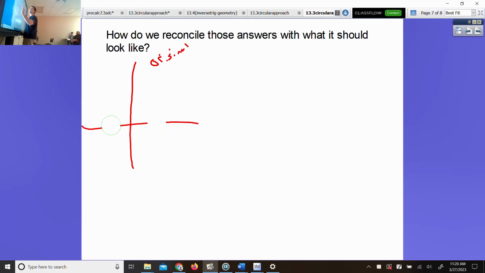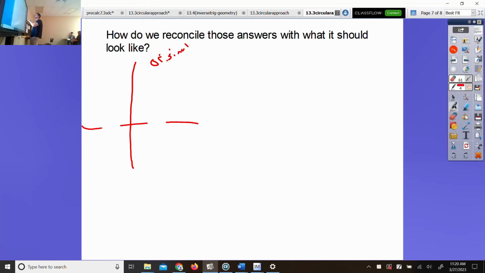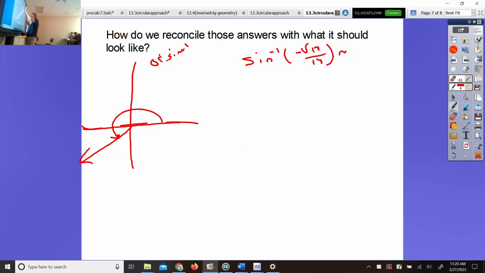It stopped. I don't even know why it switched over to eraser mode. It stopped about right here. We did the arc sine of negative root 17 over 17, and we got about negative 14.04 degrees.